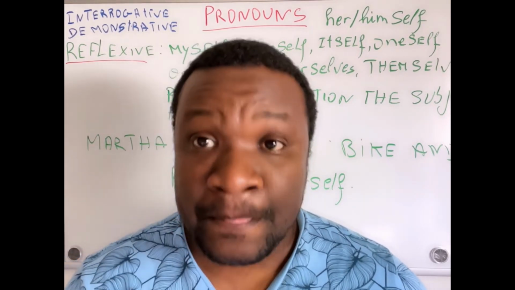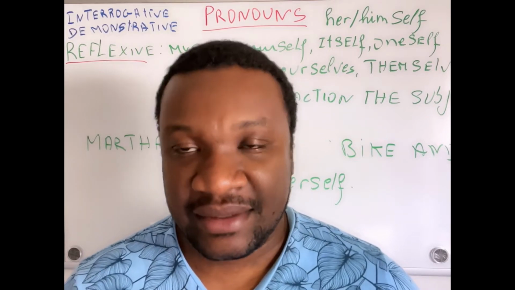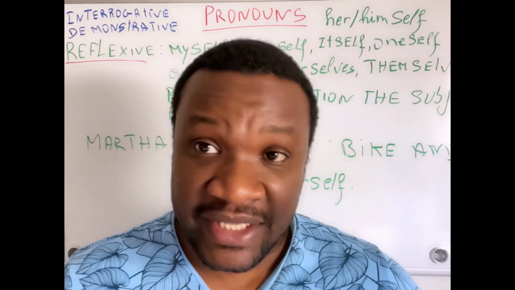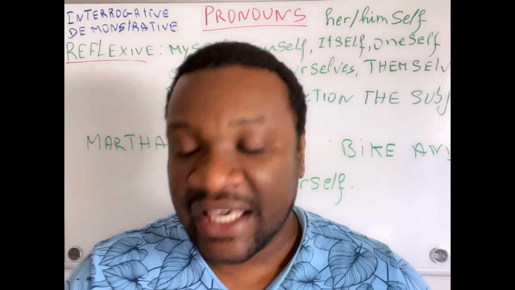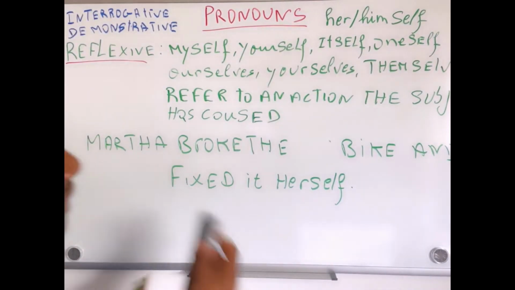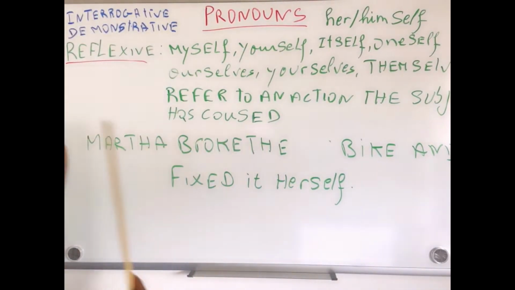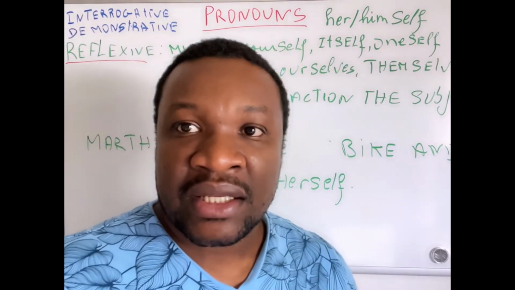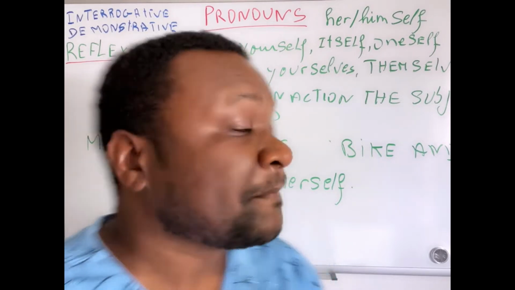Let's say he told me himself. He told me to leave, but he told me himself. Let me write that for you on the board. The reflexive pronoun is used when the subject refers to an action that the subject has caused, himself or herself.